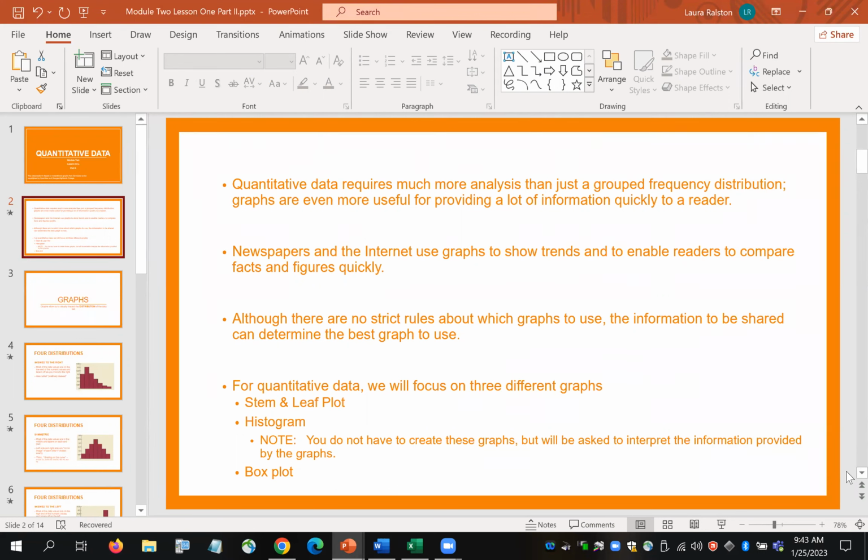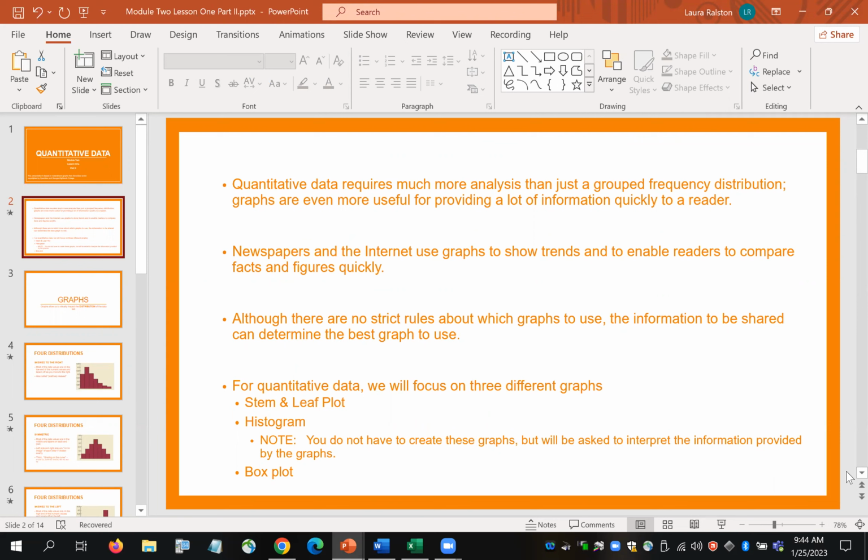With the qualitative data, once we got the table, we were able to answer the question. But with numerical data, quantitative data, there's a lot more analysis that needs to be done.